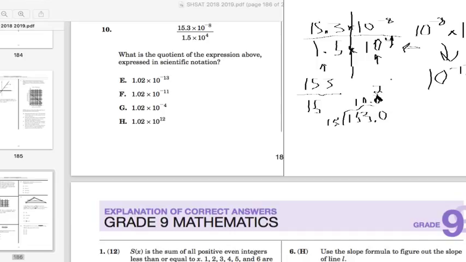So we have 10.2 times 10 to the minus 12. Now, that may have been one of the answers, but where's the question again? It asks for scientific notation. Let me just flip a second here to make sure the thing is still live here. Yes, it is.